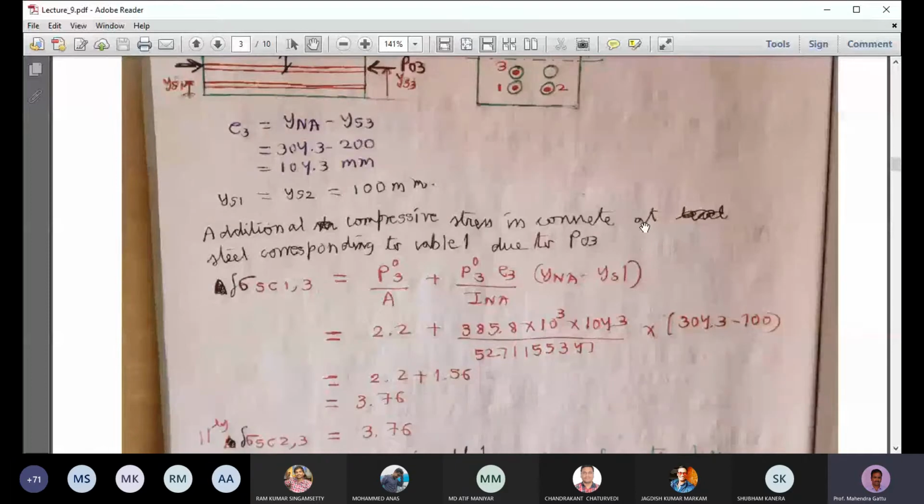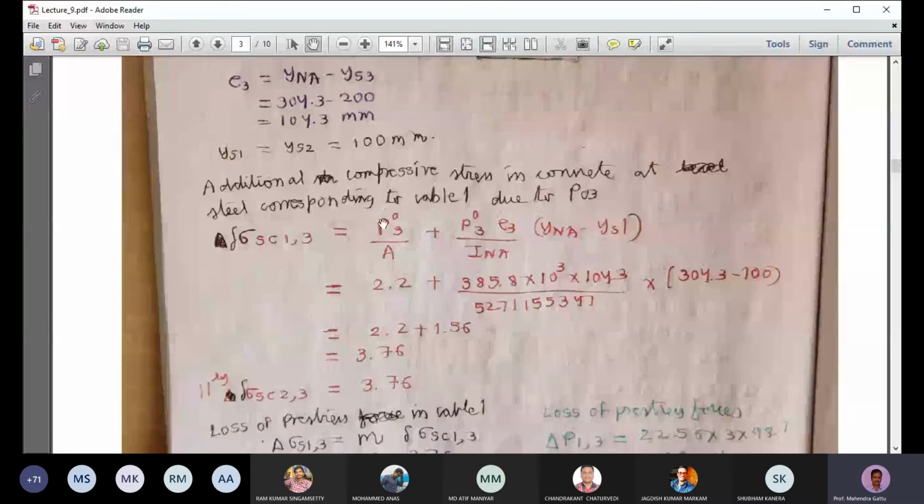So the additional compressive stress in concrete at the level of cable 1 or cable 2 due to this P03, we will have this term. Delta sigma represents additional compressive stress in concrete at level 1 due to post tensioning of cable 3.